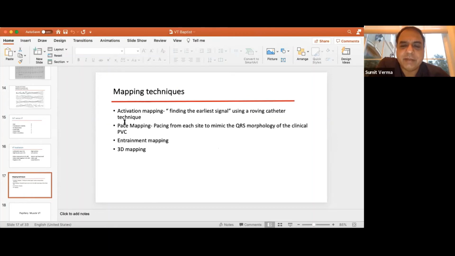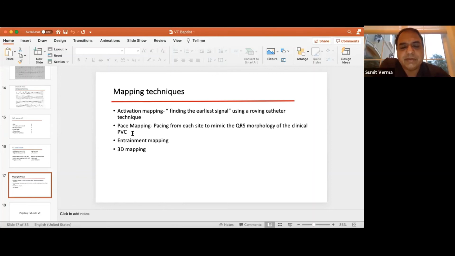So if you have some kind of papillary muscle VT, RVOT tachycardia, some aortic cusp arrhythmia, that's where finding the earliest signal works. If it's a re-entrant tachycardia, some myocardial scar, then finding the earliest signal is pointless because the circuit, you have to identify the whole circuit, and then you have to find the critical channel where it's going through.